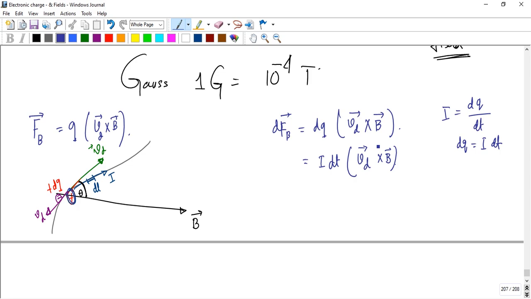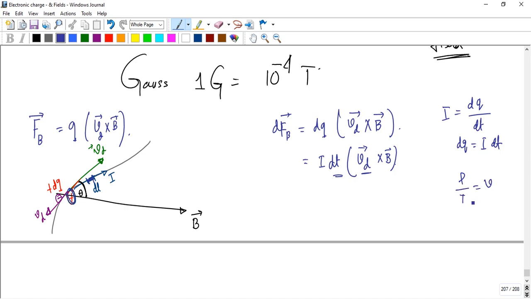Now what is important is dl, a very small length. Velocity multiplied by time gives length, and length by time gives velocity.